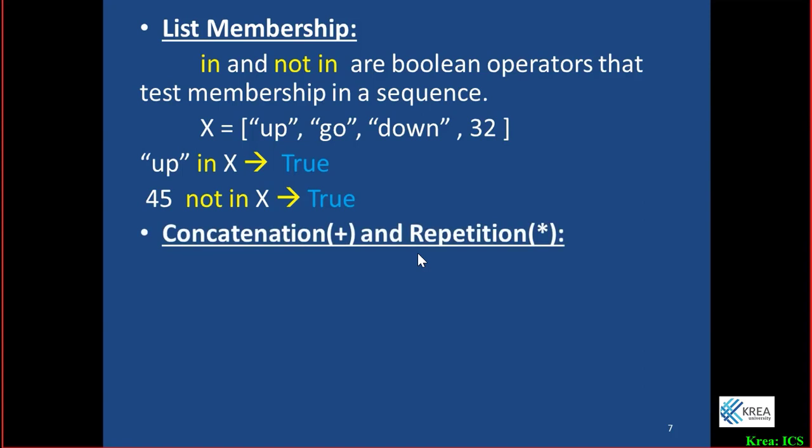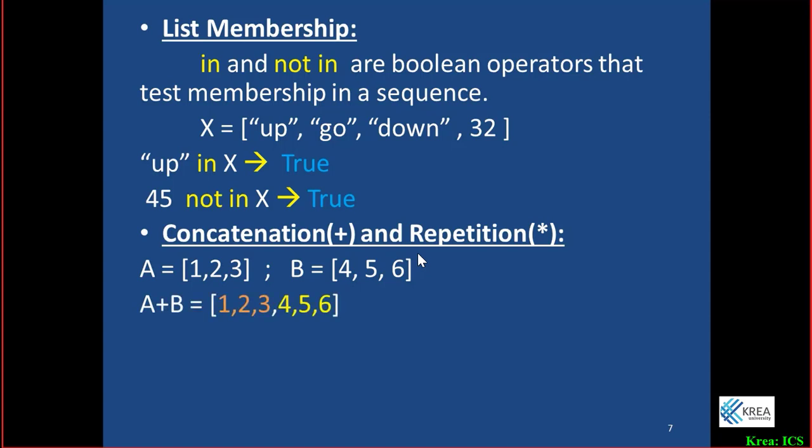You can also use concepts like concatenation and repetition, using the symbols plus for concatenation and star for repetition. Let's say you have lists A and B which have 3 elements each, and you want to concatenate both lists into a single list, then you can write A plus B. So the resultant will be 1, 2, 3 which belongs to list A and 4, 5, 6 which belongs to list B, and both are concatenated into a single list.